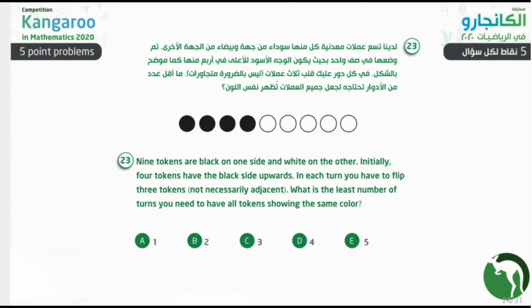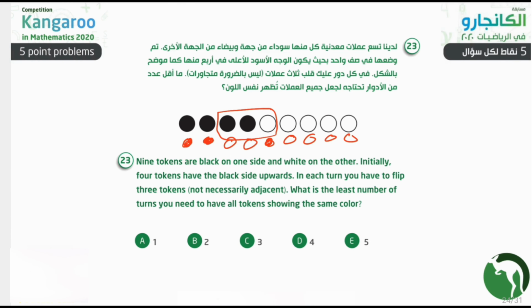Okay, so we can, for example, flip these 3 coins here. After the first flip, these two will remain black, and these two will be converted to white, and this one will be converted to black, and these will remain white.